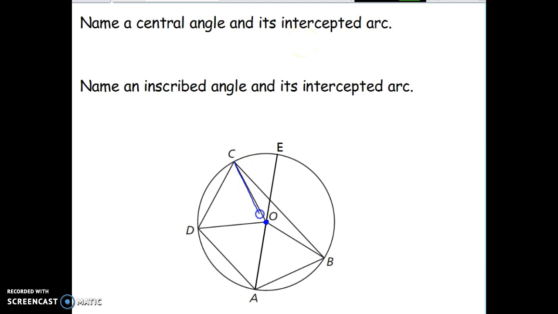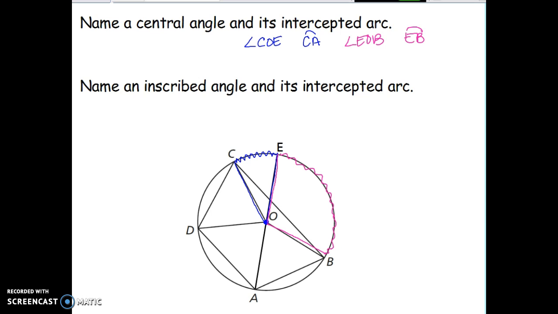So if we look, we can see that COE is a central angle, and this right here would be the intercepted arc. We can also see that angle EOB would be a central angle, and if we look at the arc in between those two sides, it is this right here, so we know that arc EB is the intercepted arc.